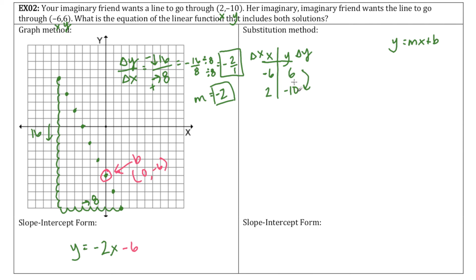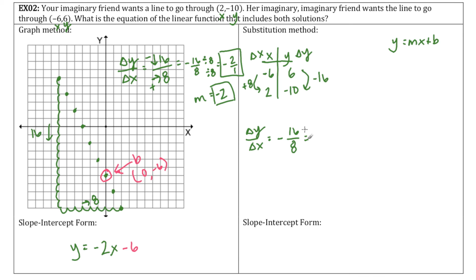So 6 to get to 0 would be negative 6, and then to get to negative 10, minus 10. So minus 16. And that is plus 8. So we get change in y over change in x. Negative over positive is a negative 16 over 8. Like over here, we can divide by 8, but I'll show you what happens if we don't.